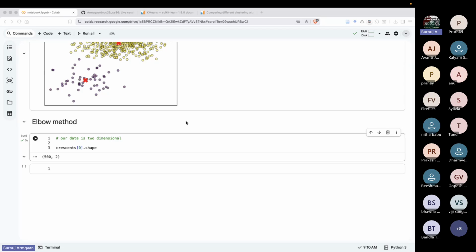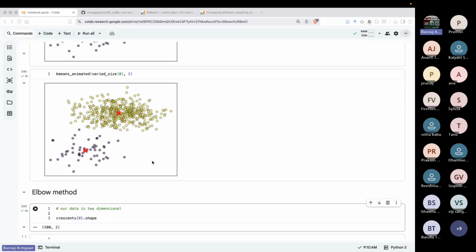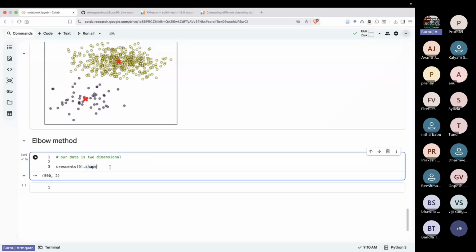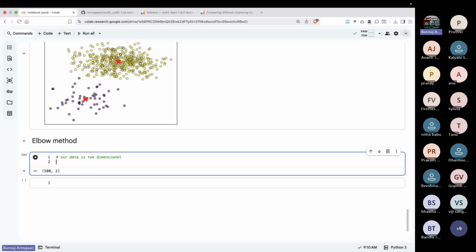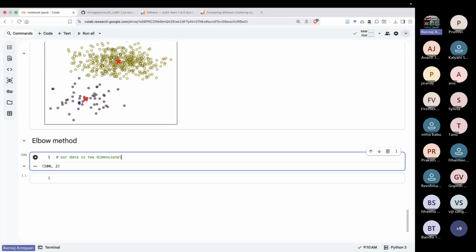So if it hasn't been covered, the idea here is, let's first start with some data. I'll explain it along the way. Suppose we once again make these blobs.